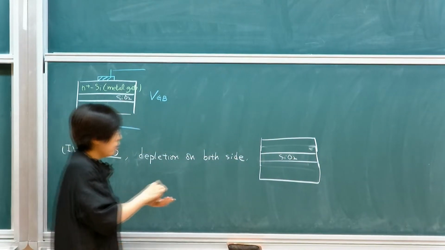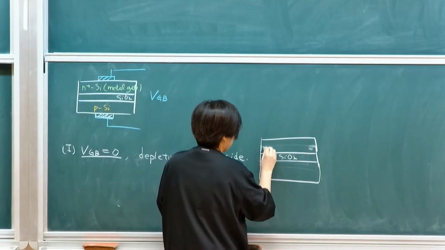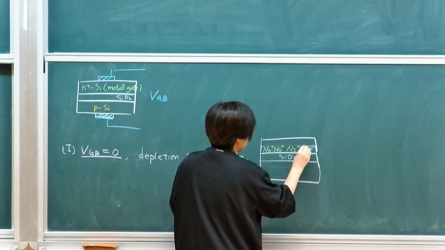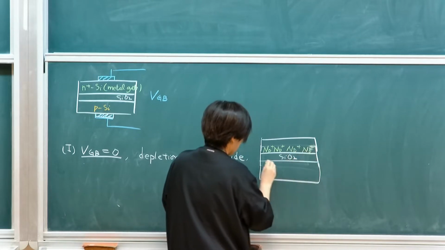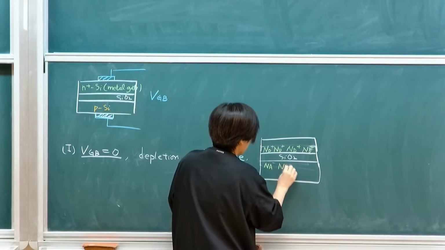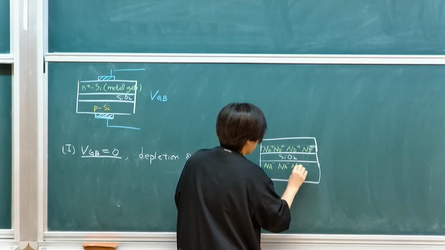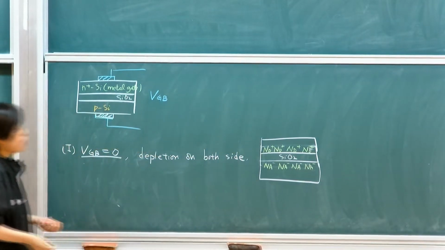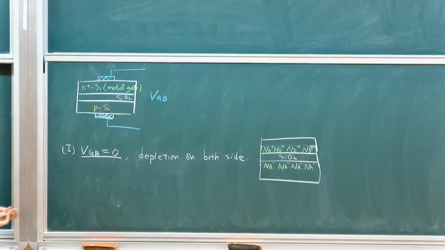I need positive ND+ on top and NA- at the bottom for a built-in potential. So it will be initially depleted.